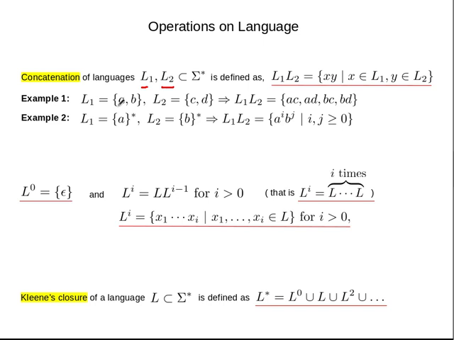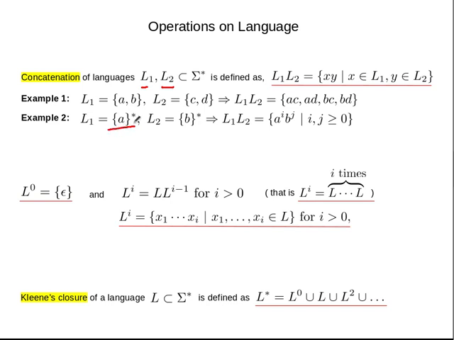Again, some example I gave earlier. If this is just, say, a and b, and this is c and d, then you will see that it is all combinations of these. I could have some string with length larger than 1 here, and if I take this to be, say, a star, what was a star?